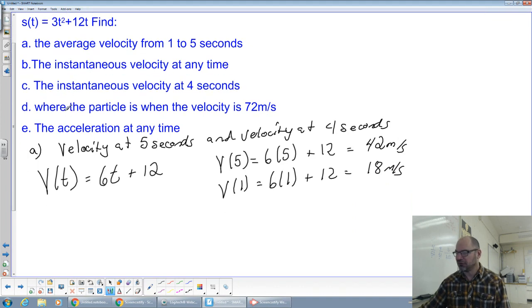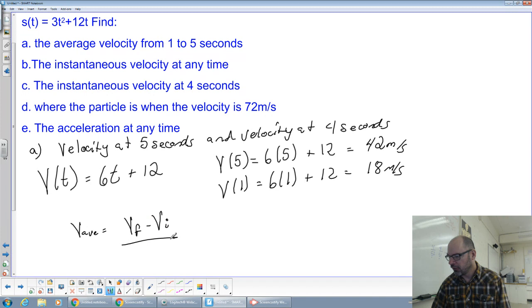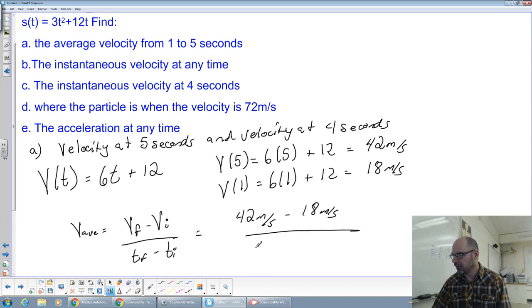Okay, now average velocity, V average equals final velocity minus initial velocity over final time minus initial time. Okay, so that would be 42 meters a second minus 18 meters a second, all over 5.